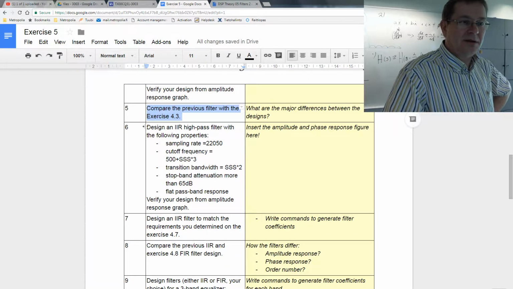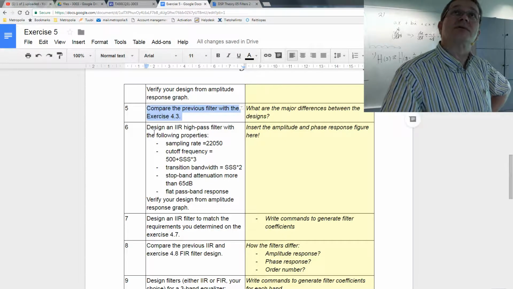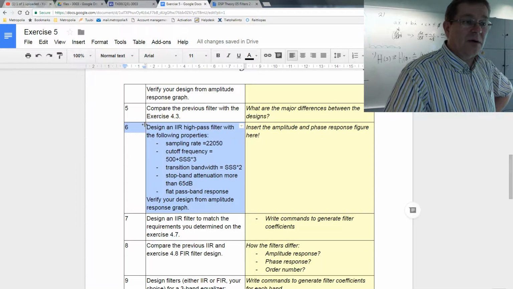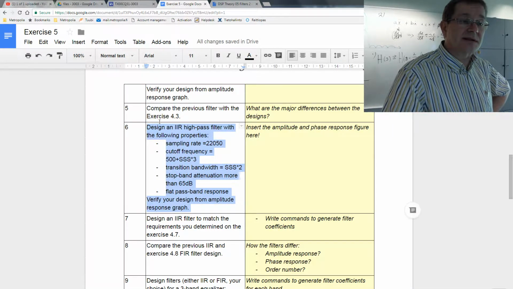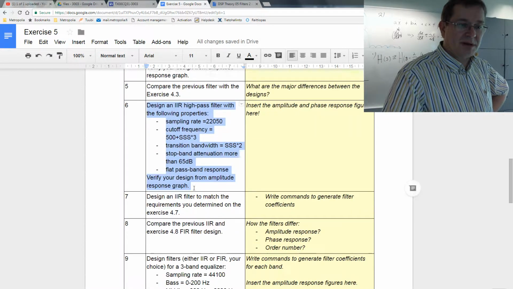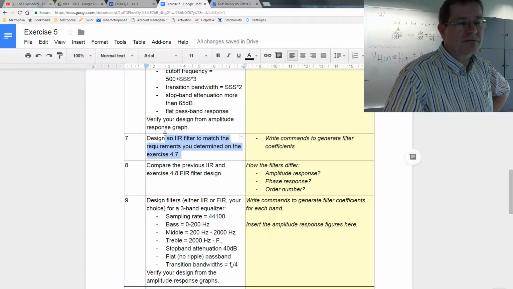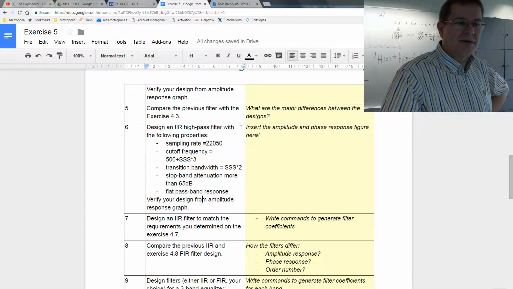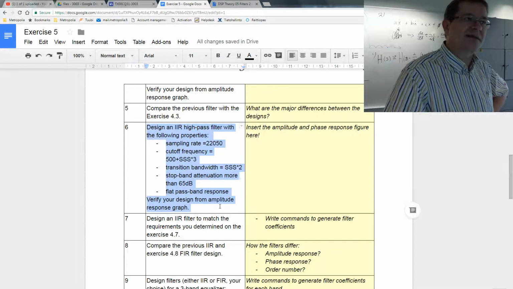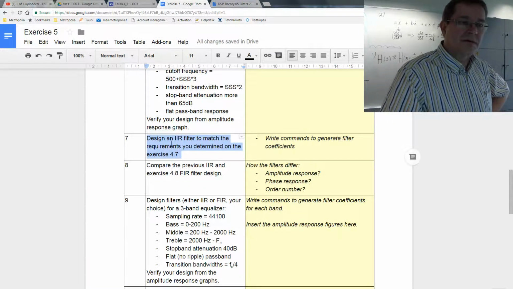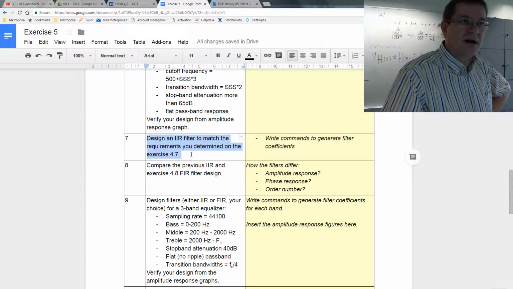First try to parameterize your filter properties basically on the FIR exercise, and then design an IIR high pass filter with basically the same properties. So IIR band high pass filter. This is just a design. So low pass, high pass. Then IIR filter, same as on the FIR filter.